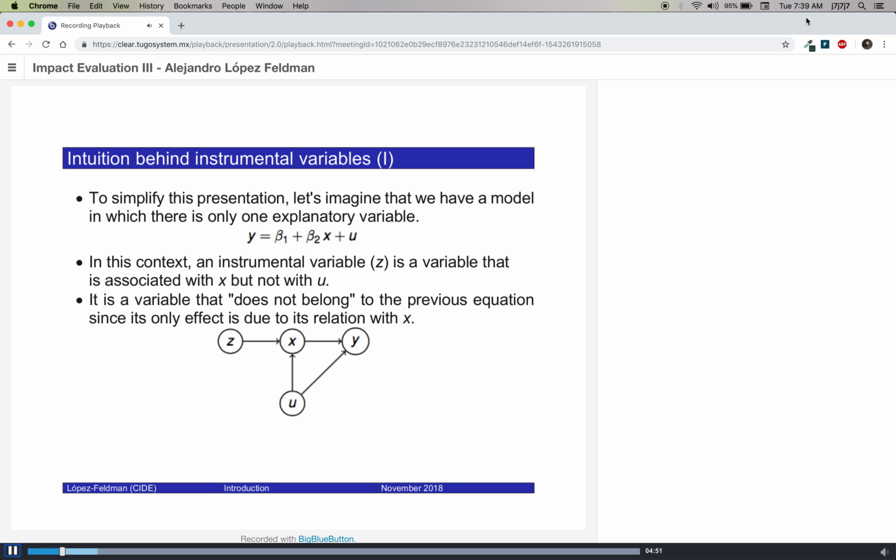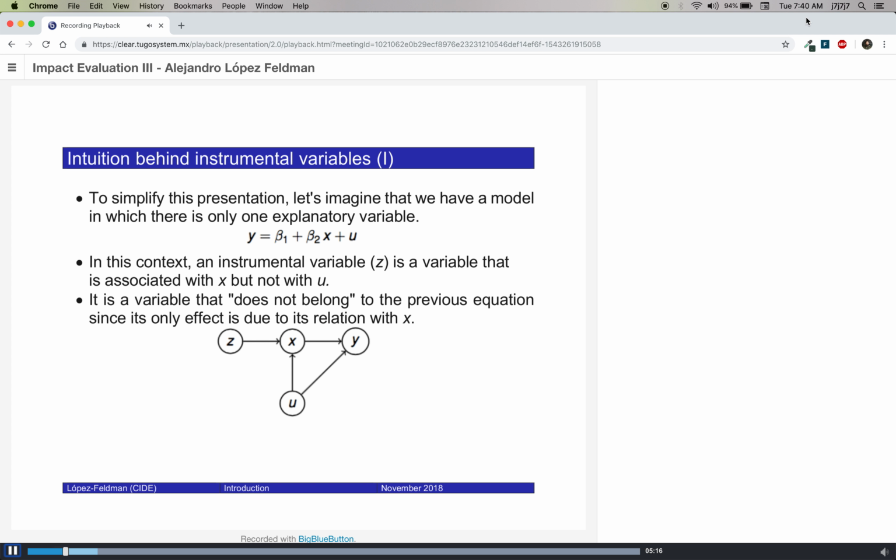This is actually an additional variable related to X, but not related to U. So when we forget that this is an instrumental variable, then this diagram can be very helpful because this is related to X and not to the error, and it doesn't have a direct relationship with Y. So these are some of the assumptions.